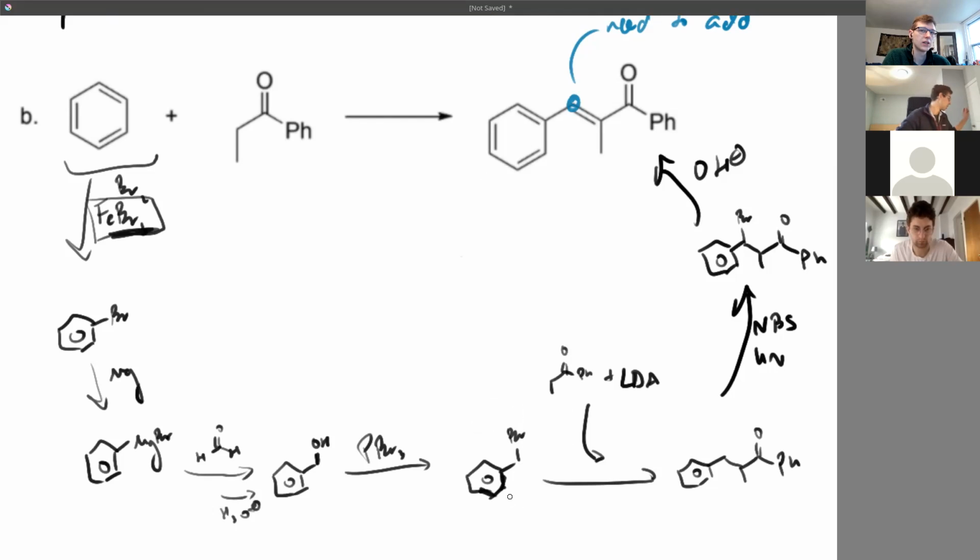What are you using below the NBS? What's the second one? H nu. Oh, so heat, basically, or light. Use light, UV light. This is just one way of writing it.